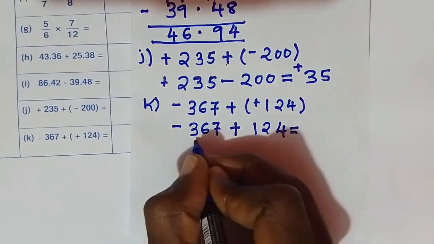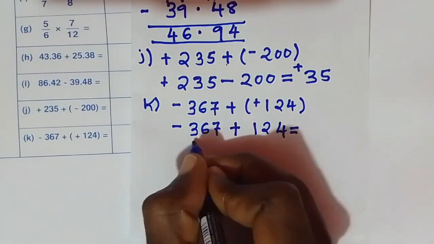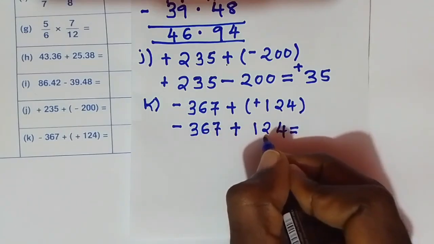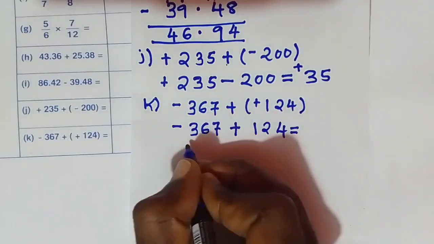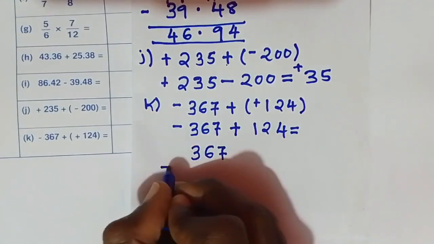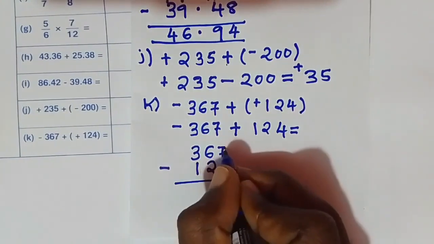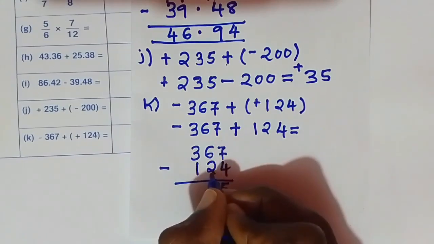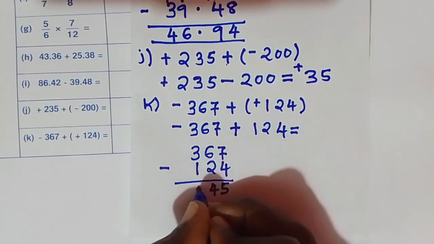We are going to take a negative, take away a positive, and the answer is going to be negative, since negative is more. So I'll take 367, take away 124. 7 take away 4, it is 5, 6 take away 2, it is 4, 3 take away 1, we get 2.